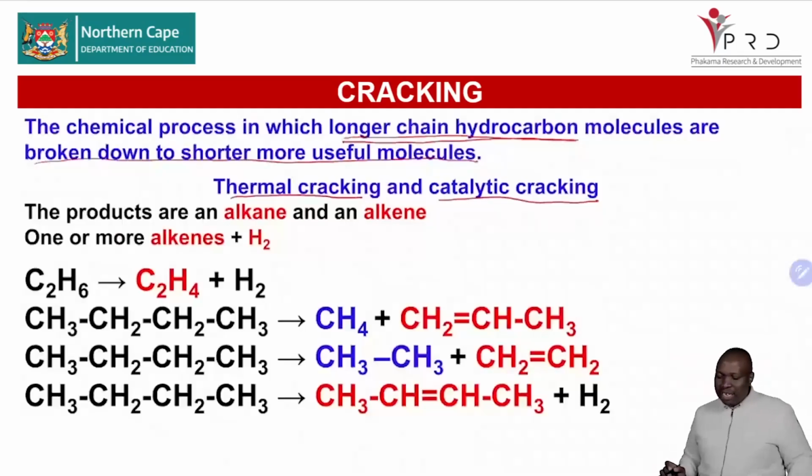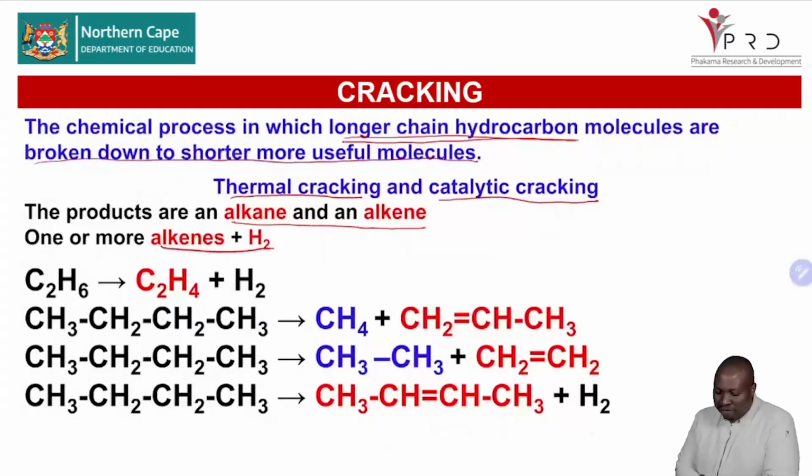Now, in terms of alkene, I told you that cracking forms an alkane and an alkene, or an alkene and hydrogen. For example, we're given there ethane. It can undergo cracking, elimination, where we are eliminating hydrogen, dehydrogenation, and then it will form an alkene and hydrogen.